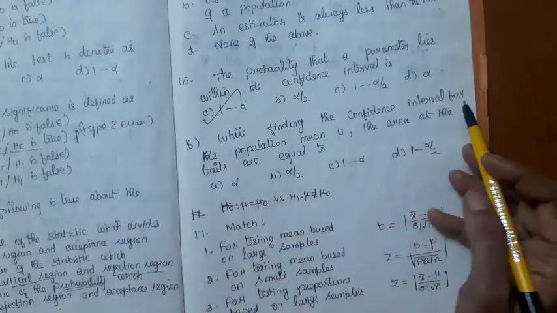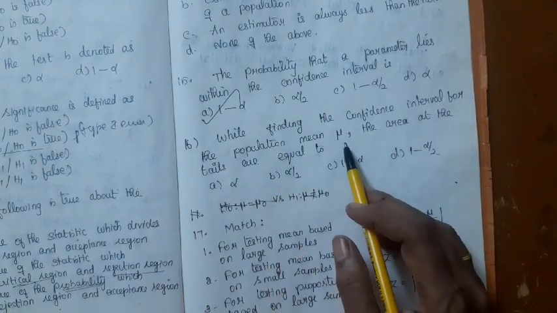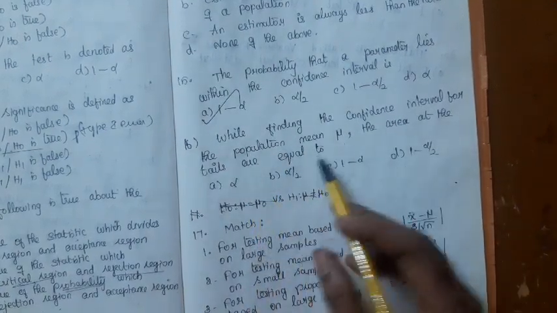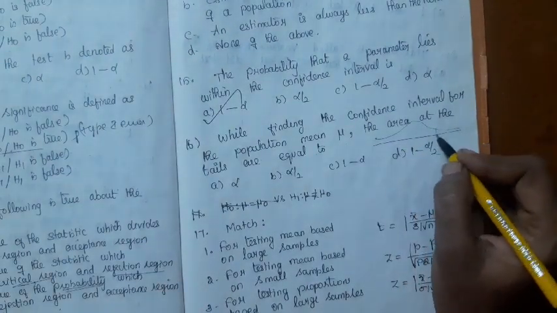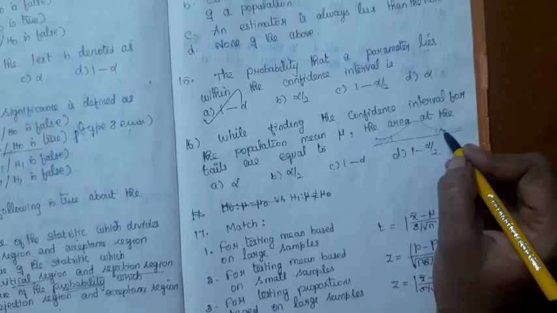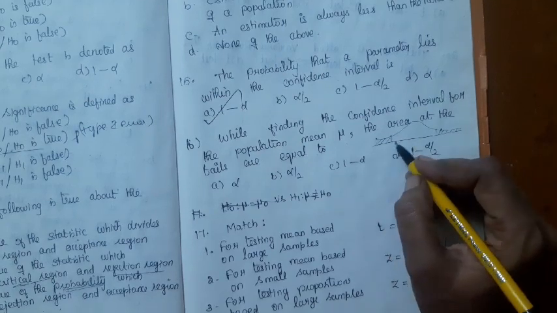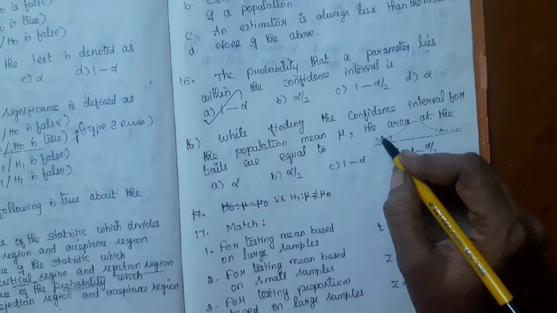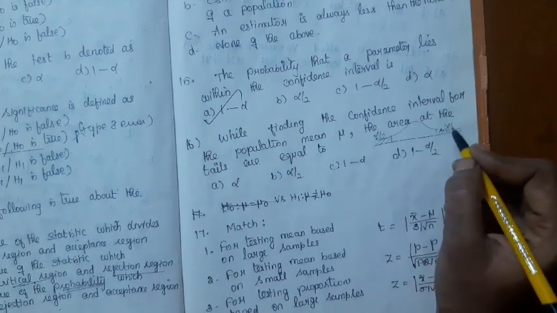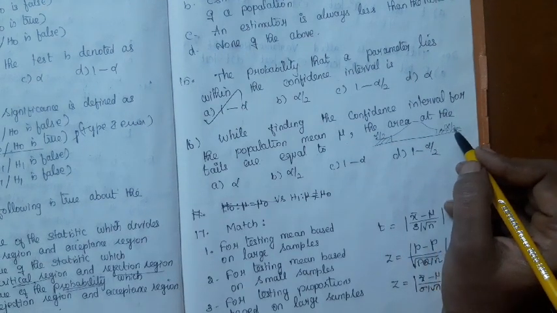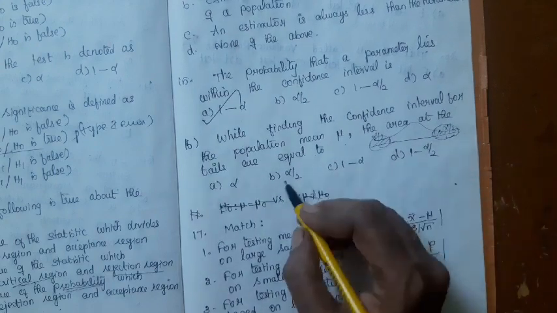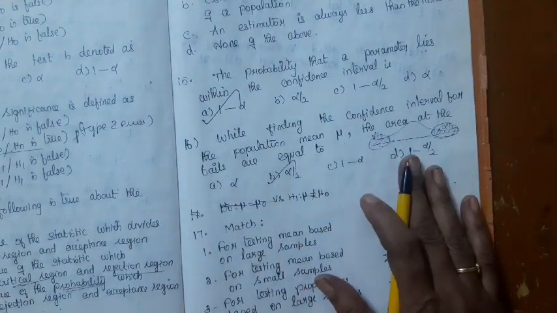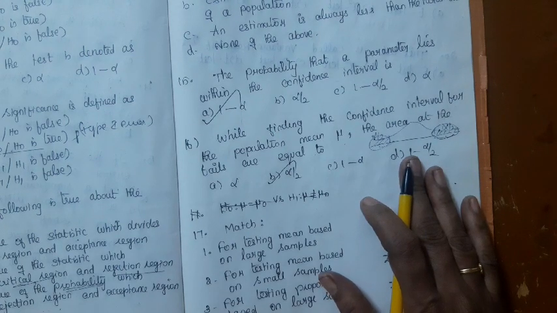While finding the confidence interval for the population mean, you will have the rejection region at both the tails. The total area of the rejection region is alpha. Here it is alpha by 2, and here it is alpha by 2. You are dividing it by 2. So the area of the rejection region at each tail is alpha by 2.